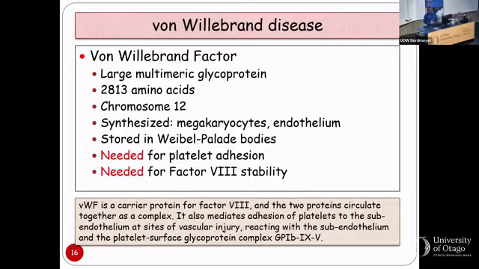In the absence of von Willebrand factor, it could appear as if there's a factor 8 deficiency, because factor 8 is readily used up and broken down. The shield, the protector for factor 8, is no longer there. And so it poses a problem.